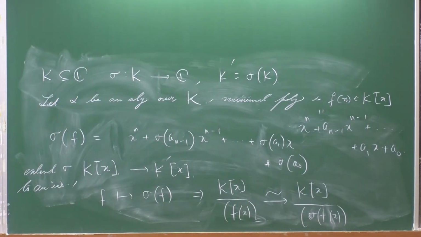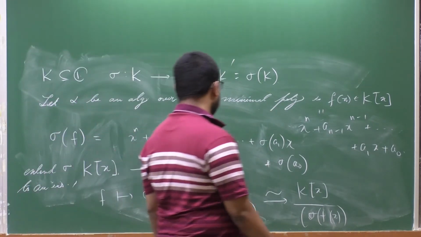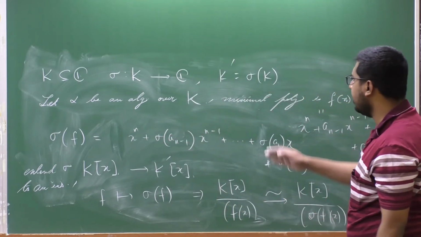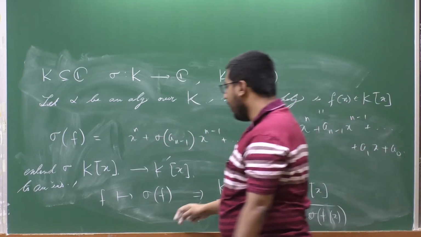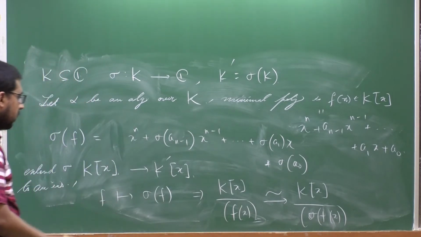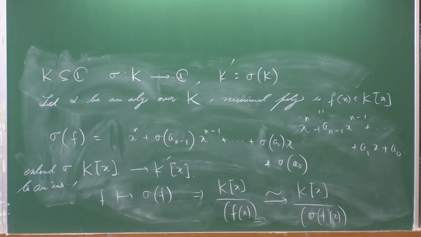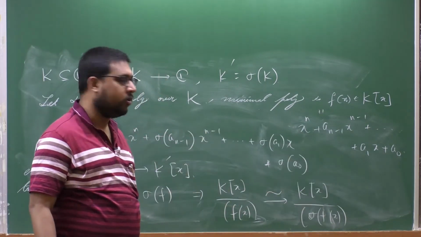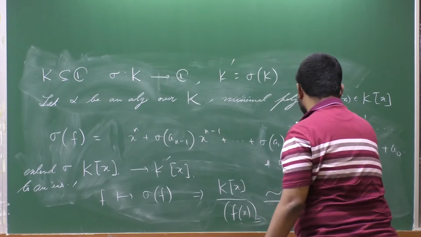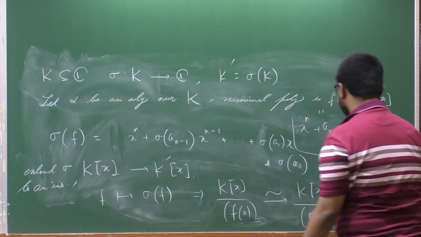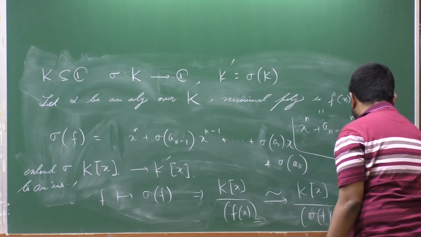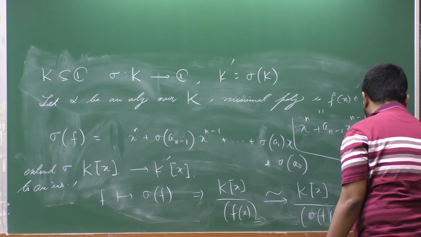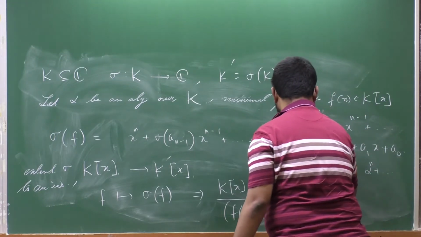Now, if this is the case, what happens to alpha? Where does alpha go? One thing is clear: alpha is a root of this polynomial, so alpha to the power n plus and so on is going to be 0.